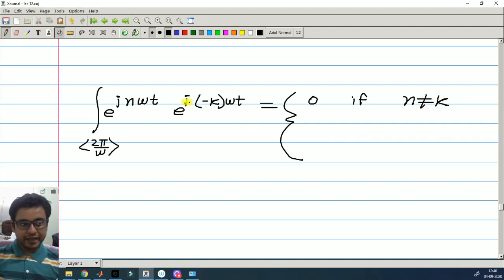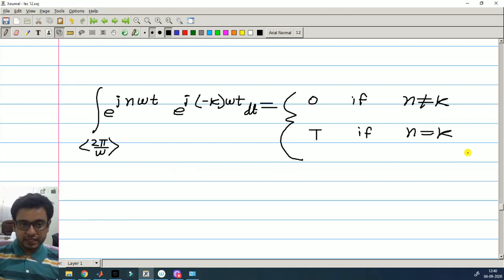If n and k are equal, then they will cancel each other. We will have integration of 1, that means it will be equal to T if n is equal to k.